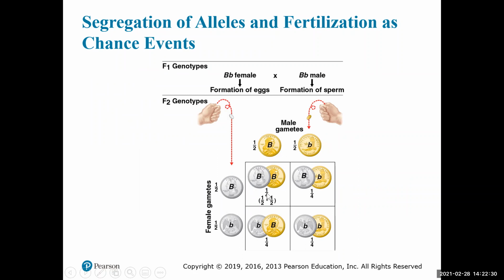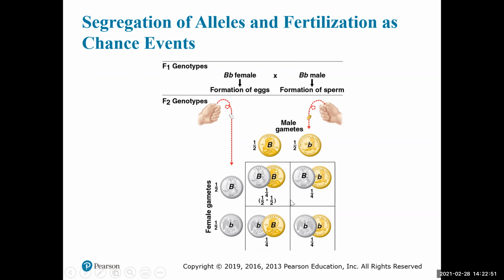So the outcome in which you get an uppercase B and an uppercase B is 1/2 times 1/2. So that'll give you a fourth. So you have a 25% chance of getting both uppercase B's and not any other combination.